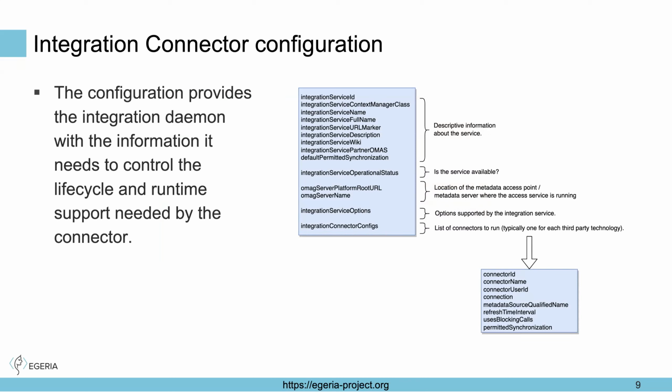And the information describing the connectors explains how that connector needs to interact with the third-party technology, and it determines the threading and the number of times that it's called to perform particular activities. So that's the configuration, and you see that if you look in our admin guide.